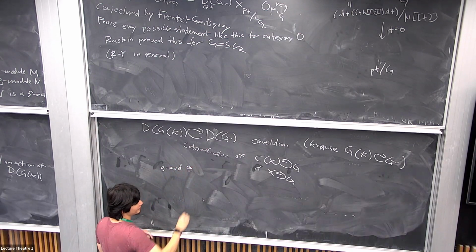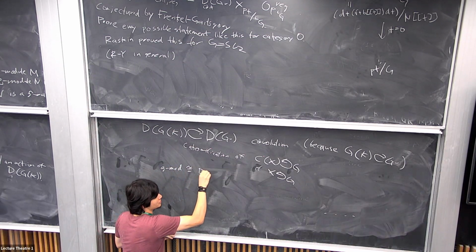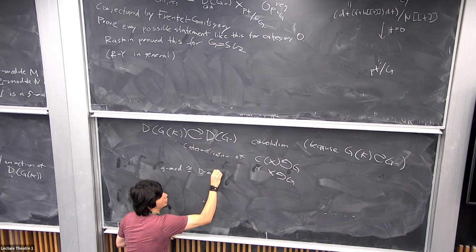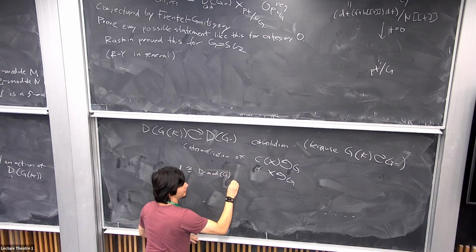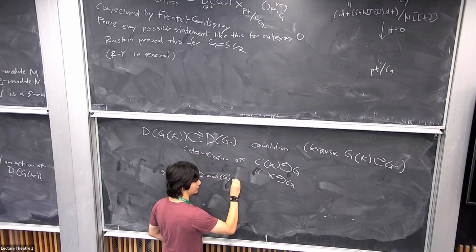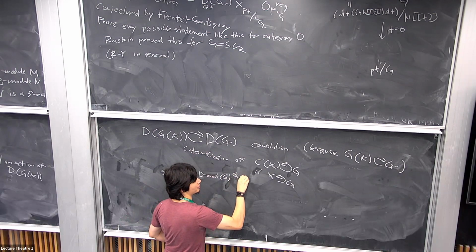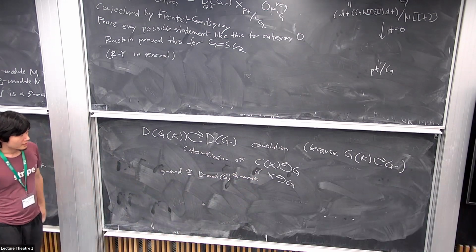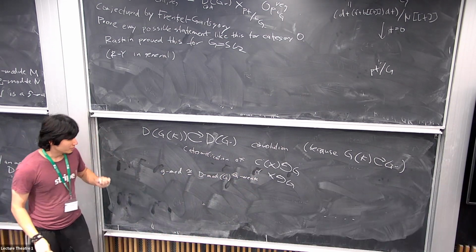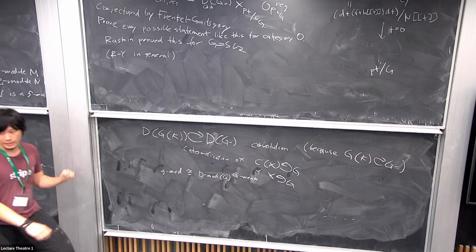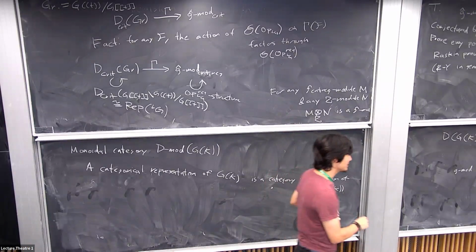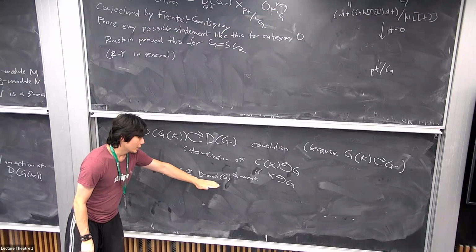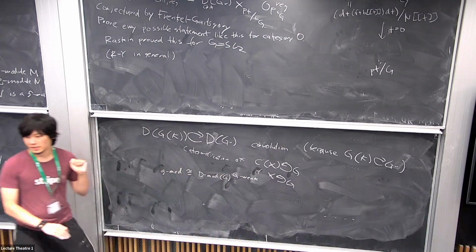If you take D-modules on G that are weakly equivariant on the right, writing G weak, the universal enveloping algebra sits inside D, and tensoring up gives you exactly the right weakly equivariant D-modules on G.